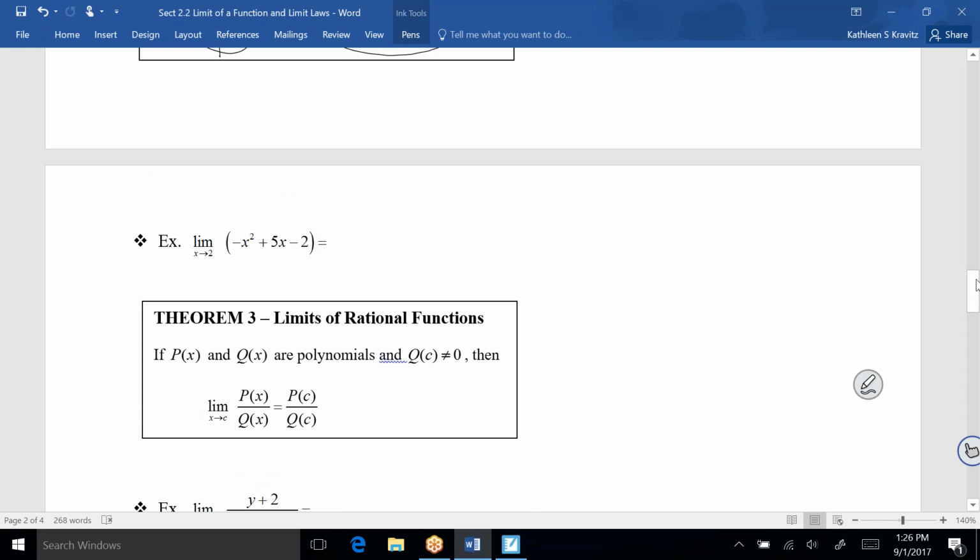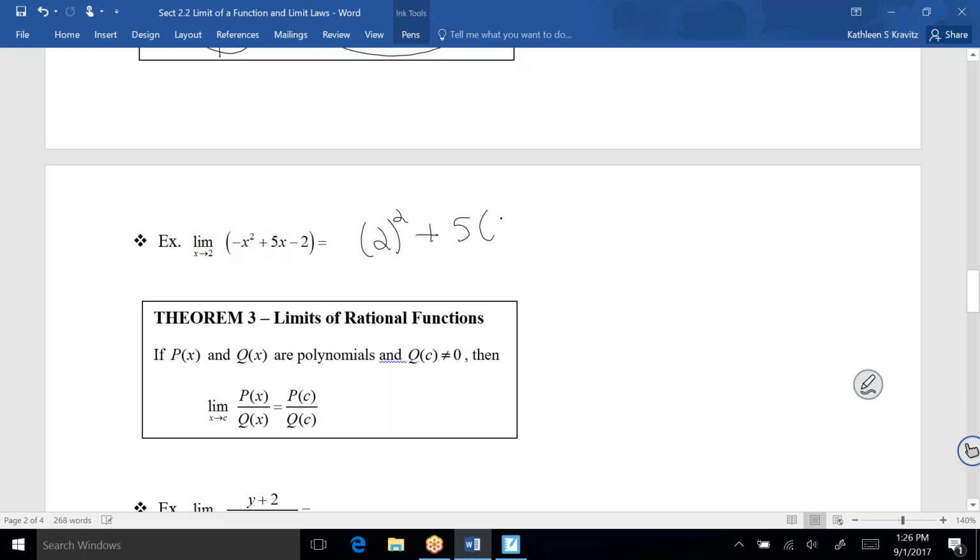So we can look at this first example, the limit as x approaches 2 of this polynomial negative x squared plus 5x minus 2. And we're plugging in 2 into this polynomial. And we have the opposite of 2 squared, so be careful when you're plugging that in. You're not plugging in a negative 2, you're plugging in a positive 2, and then you're making it negative after you square it.